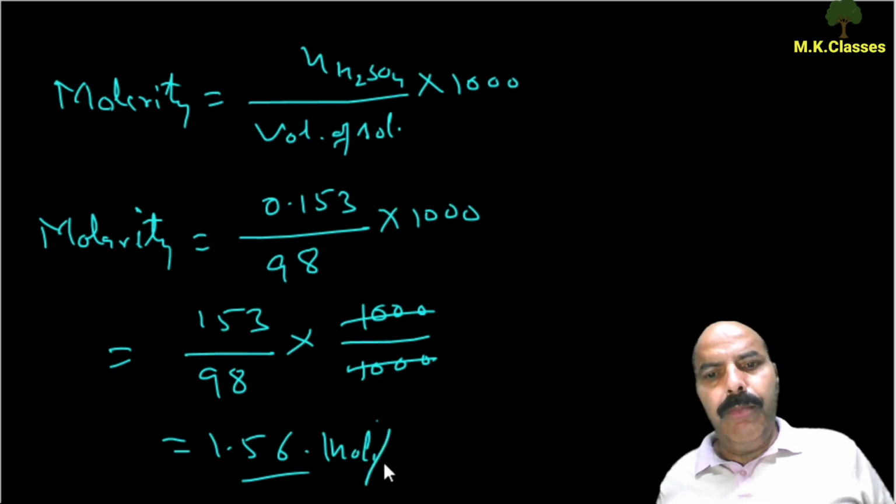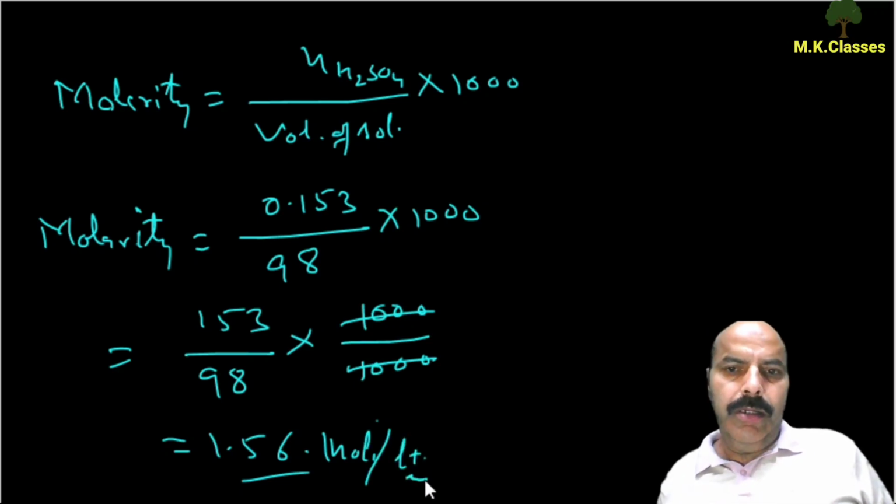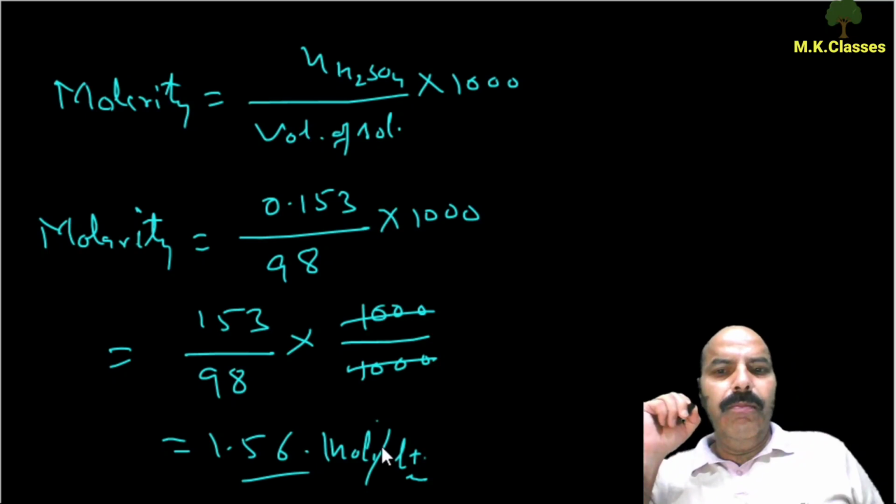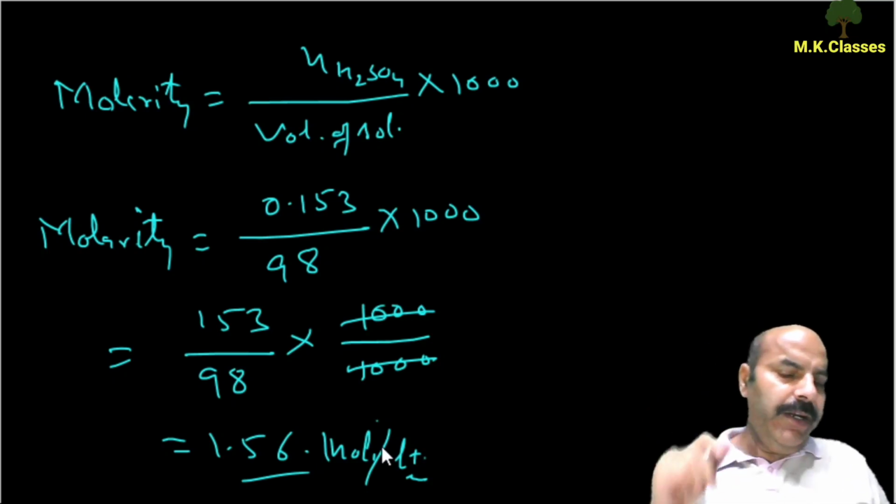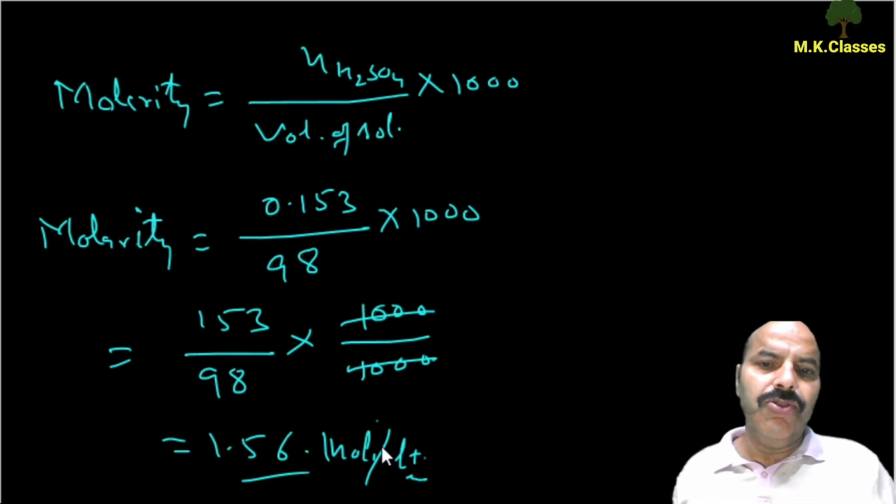Is that clear? So this is the molarity, beta. 1.56. Hope bachcho this is clear.